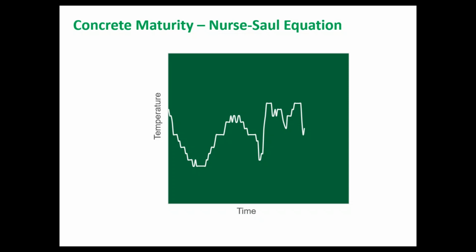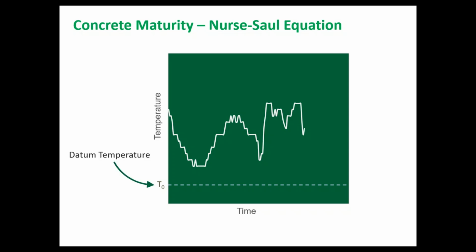When you record the concrete temperature, you have a concept called datum temperature, or T0. Datum temperature is a temperature below which we assume that there's no strength gain.